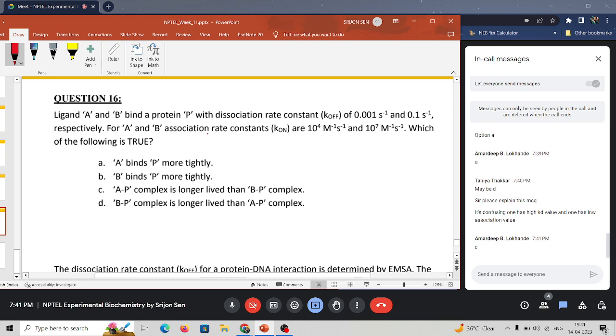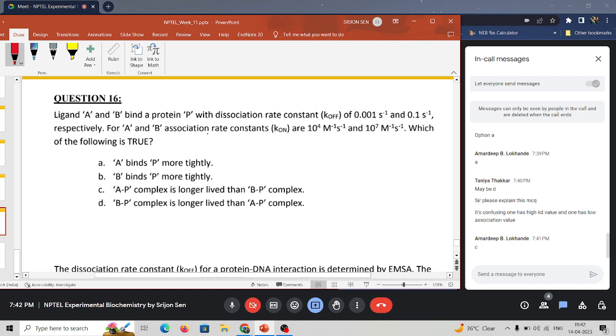And for PB, it is 0.1 second inverse. And when you are checking the association rate constant, that is K on, it is 10 to the power 4 for A, and for PB, it is 10 to the power 7.